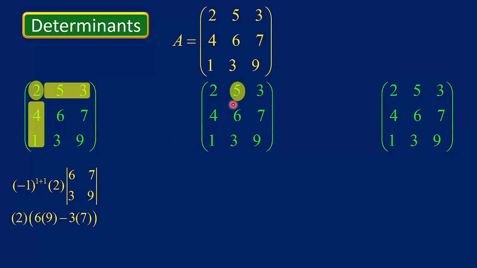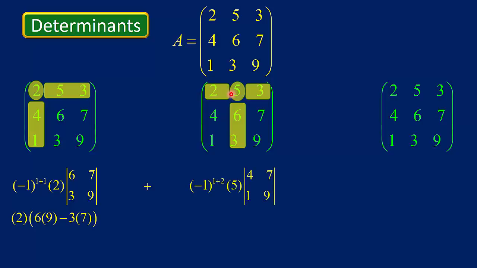Now here's my next pivot. I'm going to take out everything to the left and right and everything below. Now notice that this is position 1, 2, row 1, column 2. So it's going to be negative 1 to the third power. See? There it is. So notice I put a plus sign there.